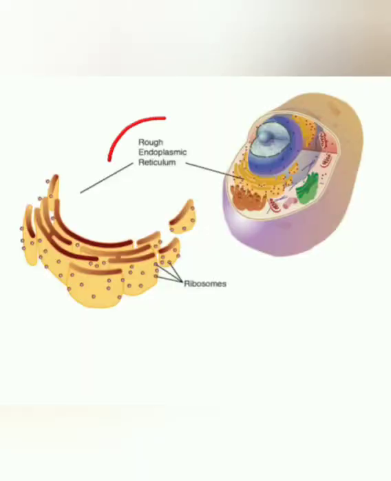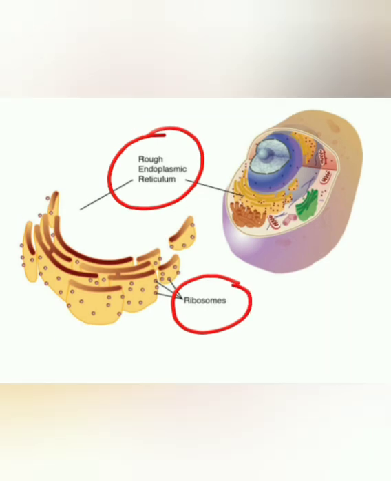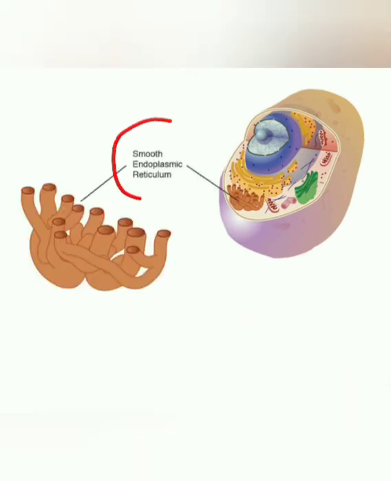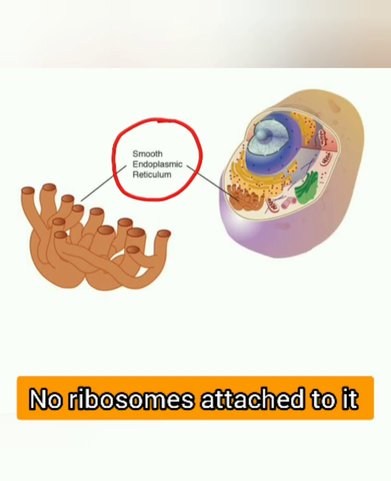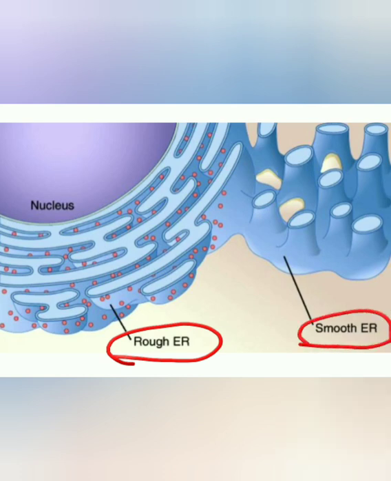So in rough endoplasmic reticulum, many ribosomes are attached to it. As you can see, these small rounded structures are ribosomes. But in case of smooth endoplasmic reticulum, there is no such ribosome attached to it. So here is the overall structure of endoplasmic reticulum, that is rough endoplasmic reticulum and smooth endoplasmic reticulum.